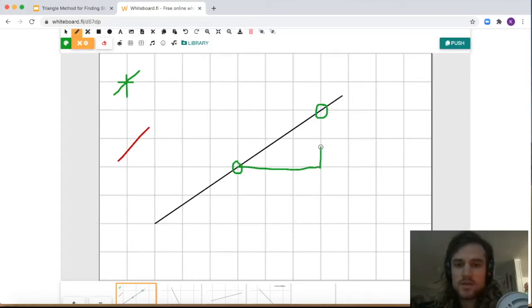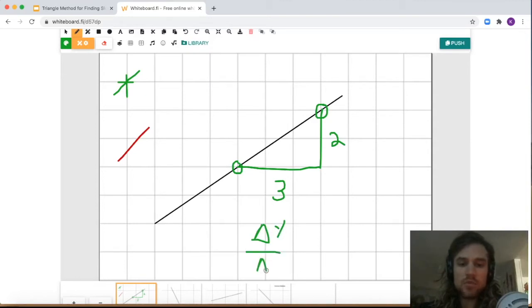Now, counting this is a pretty simple matter. It's just going to be 3 and then 2. But our slope is going to be, now here we have to make sure to put the y. It's delta y over delta x.